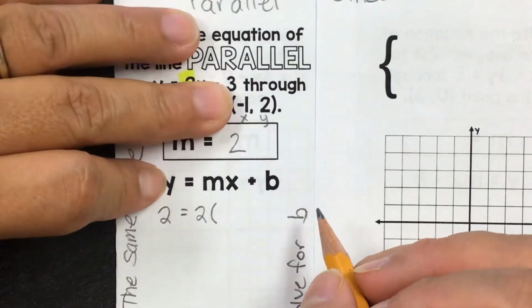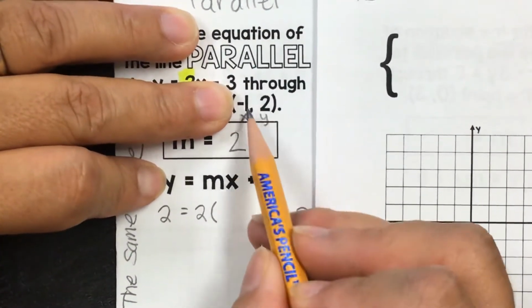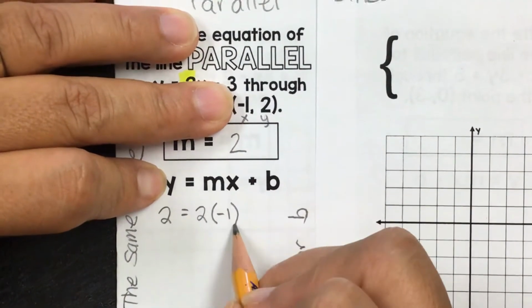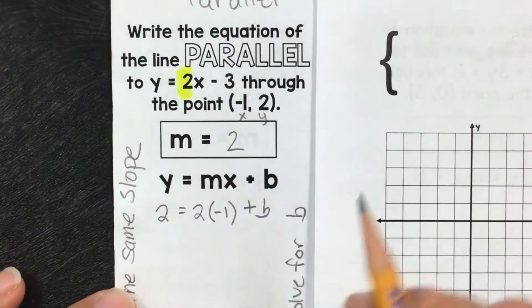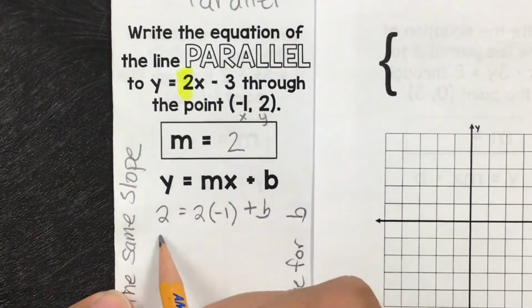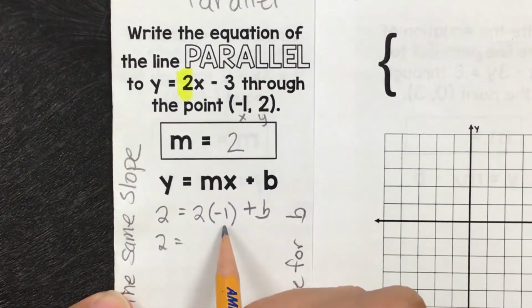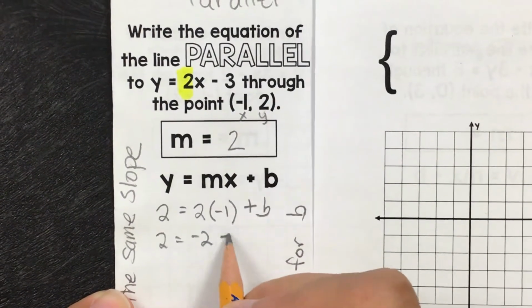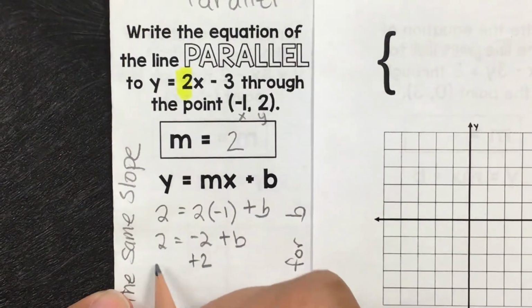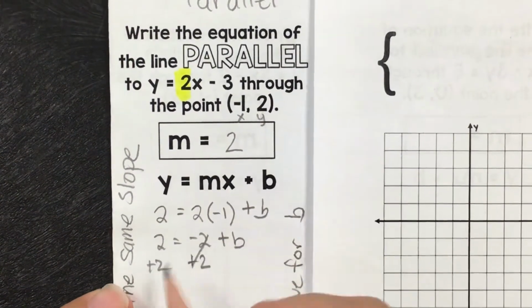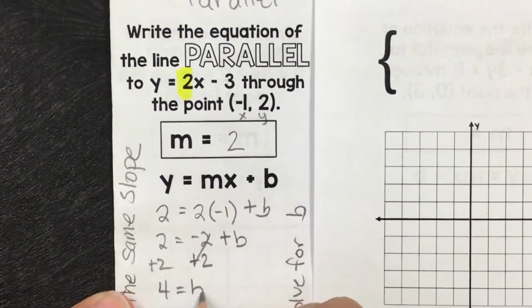X is this given value right here because that's an x value. And then we do plus b. We now solve for b. We need to multiply 2 times a -1, which gives you a -2, plus b. We're going to add 2 to both sides. 4 is equal to b.